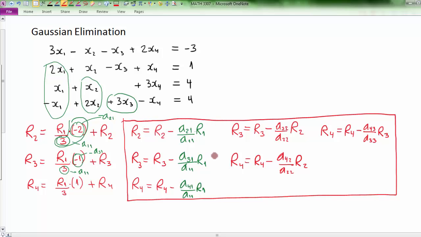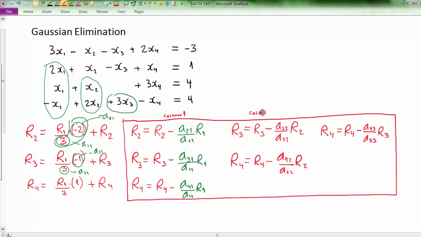Now we put that in an algorithm, and for that we need to use loops. You can see the pattern here. When we are in column 1, we eliminate these coefficients here, A2,1, A3,1, and A4,1.